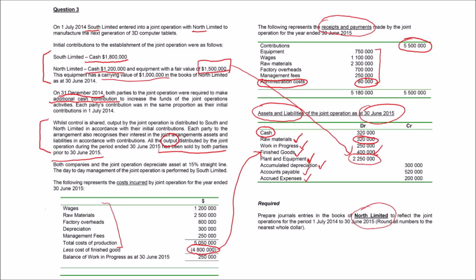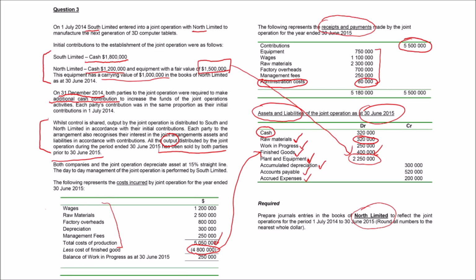What does that mean? It means that for this $80,000, this is the cost incurred by the joint operation, but they have not included it in the costing of production. Which means that this $80,000, you will have to recognize separately.